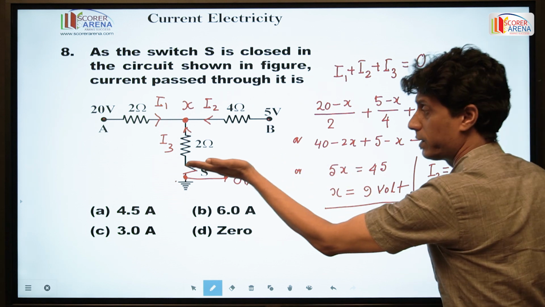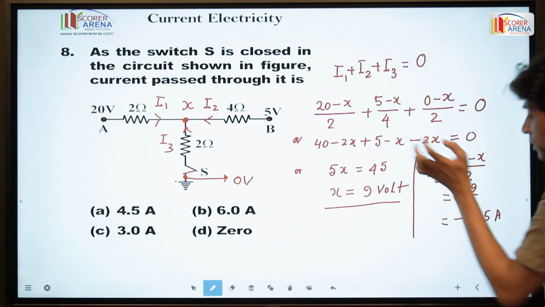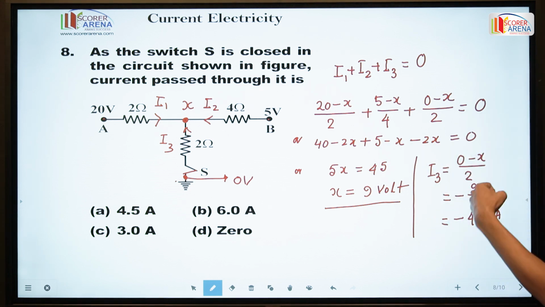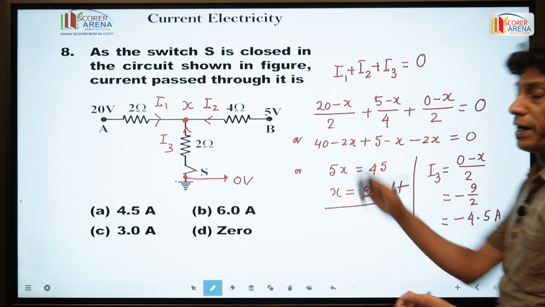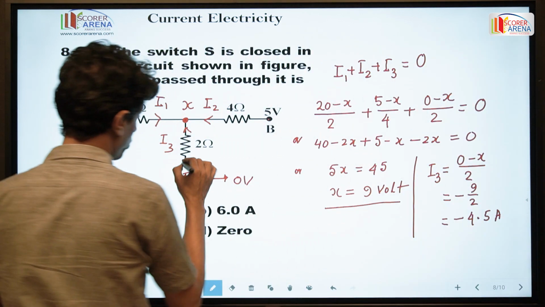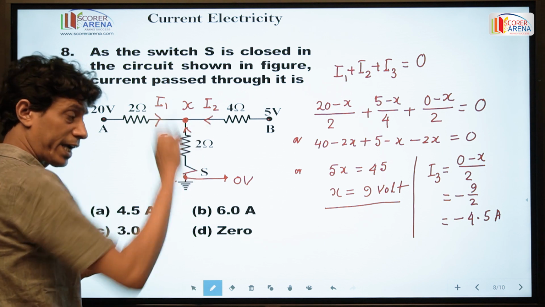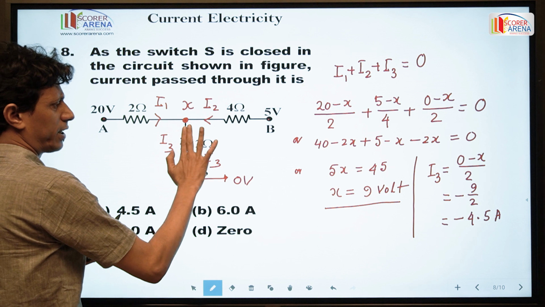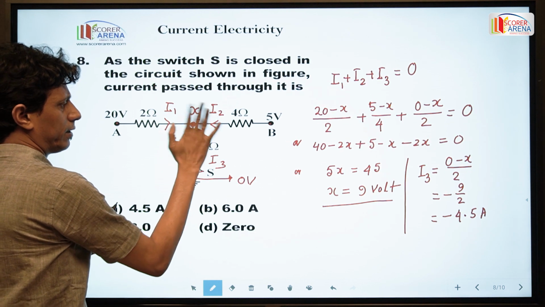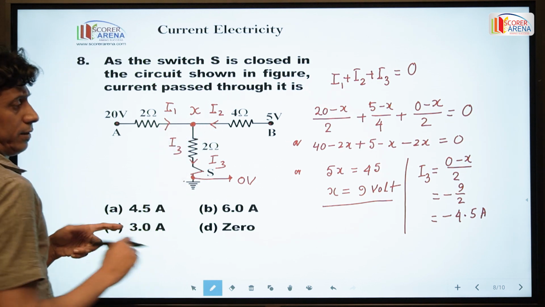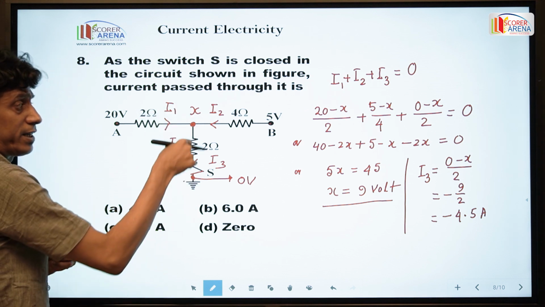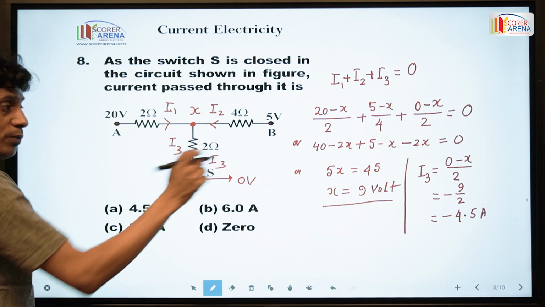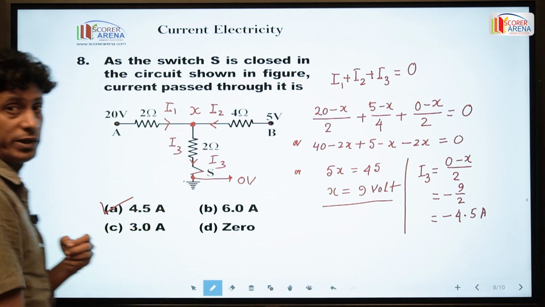I have taken here the current entering, but algebraically a negative current entering means current leaving through this branch. So this is not the direction of current I3. The actual direction of current is from this node to ground. So the value of I3 is 4.5 ampere.